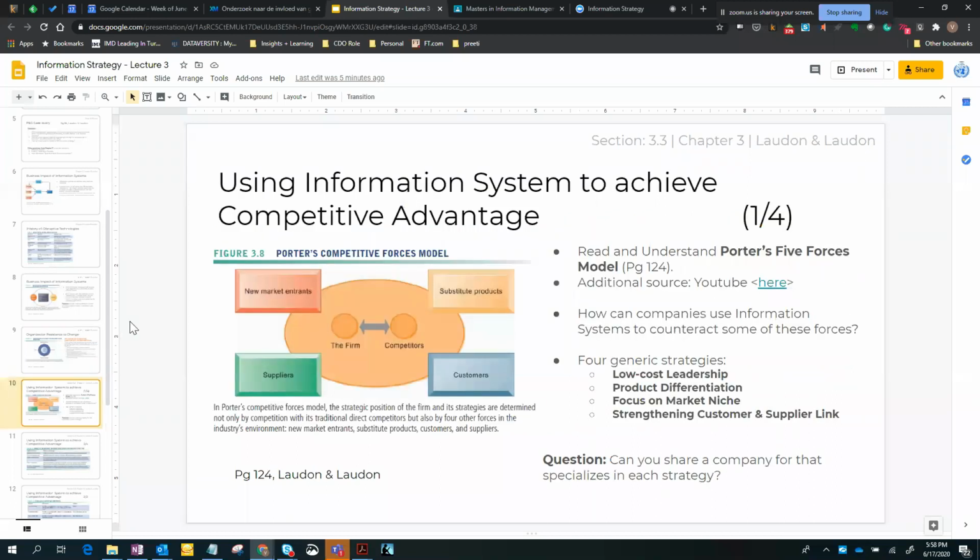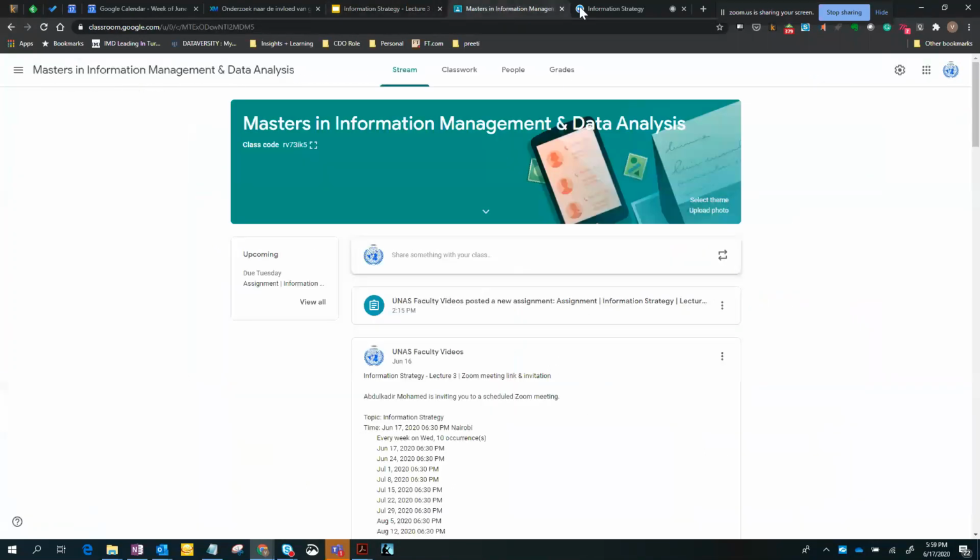Okay, now we'll come to more the strategy aspect of information systems. So how can information systems impact business strategy? And the first question I have is, have you heard of, or read more about, Porter's competitive forces model, Porter's five forces model?